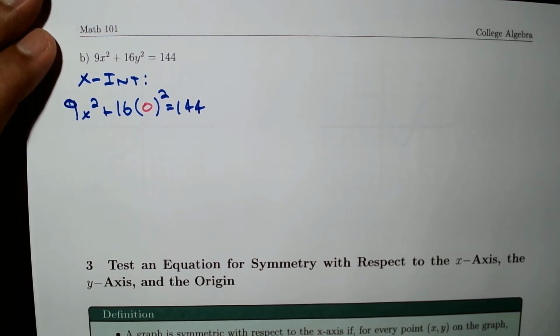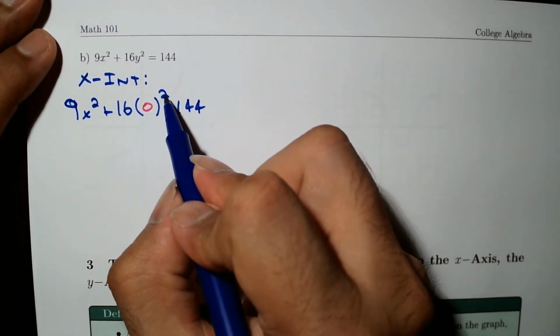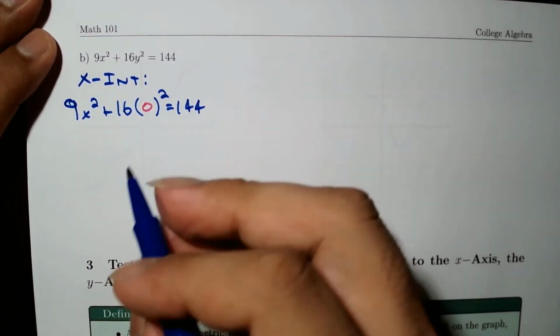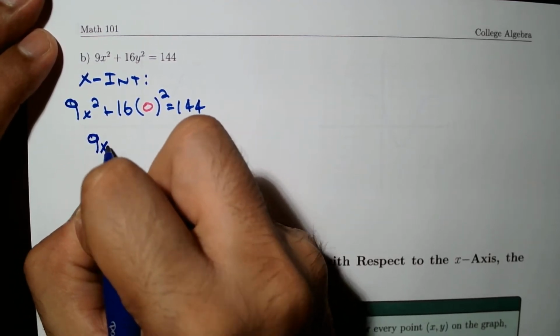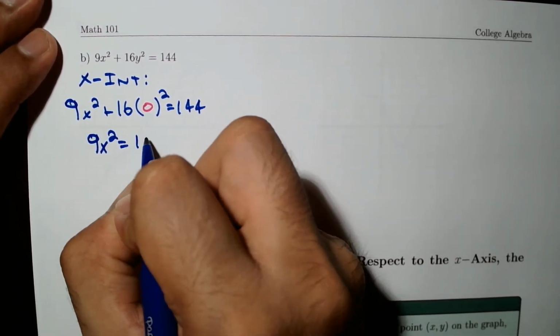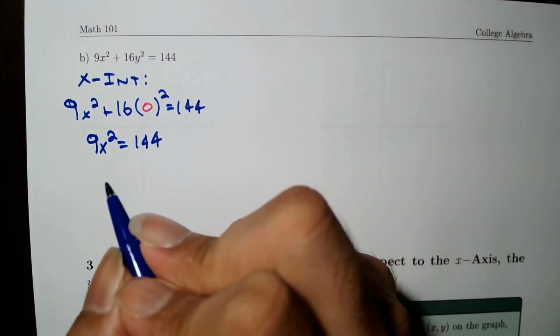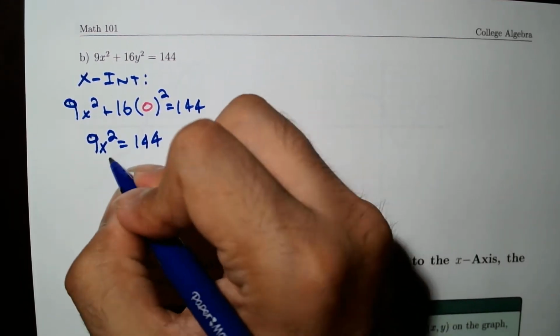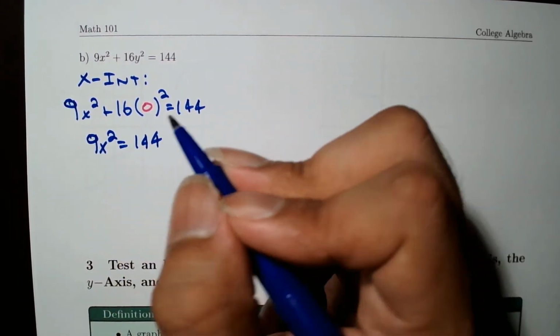So in this case, 0 squared is going to be 0, times 16 is just going to be 0, so we are going to be left with 9x squared equals 144. And the next step is just to solve for x.